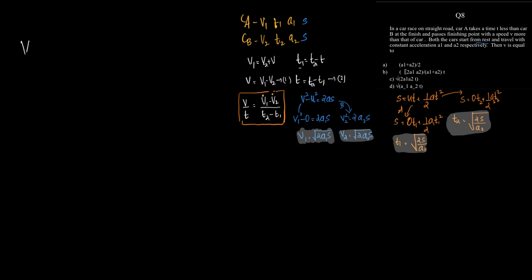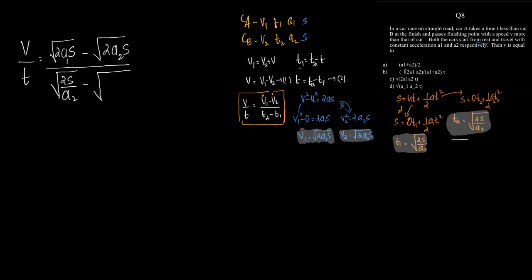Let us see what we get. v by t is equal to, what is v1? Root of 2a1 into s, right? Minus v2, root of 2a2 into s, the whole upon, what is t2? t2 is root of 2s upon a2 minus t1, which is root of 2s upon a1.